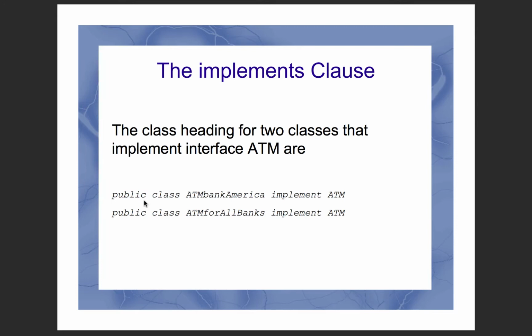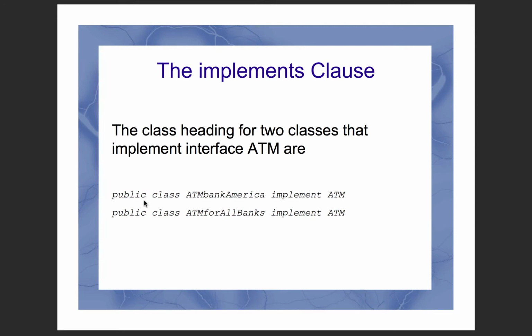So whenever you have built some interface like ATM, then you can implement that ATM interface in any class. So probably you create a Bank of America ATM class and an ATM class for all other banks. These are two different classes.